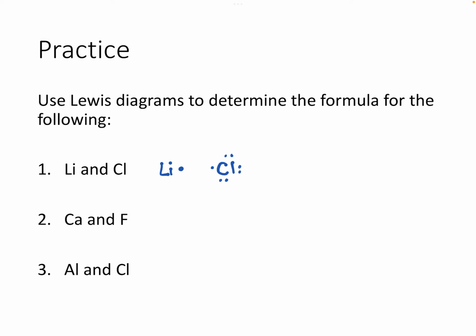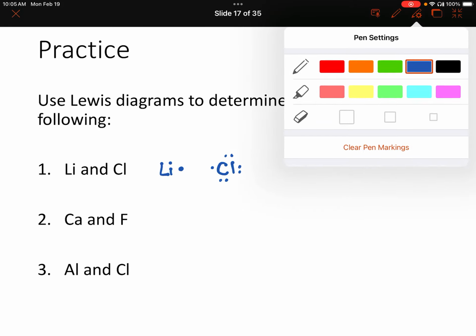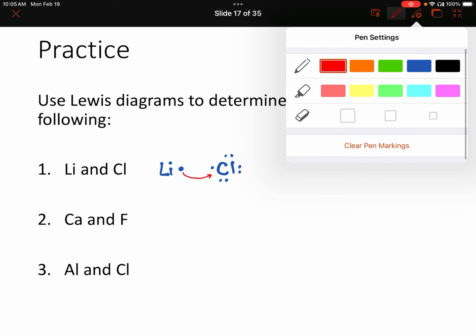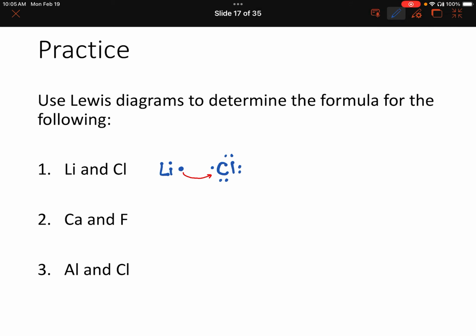And I purposely drew it so that the lone electrons are facing each other because that'll be easier to visualize. So lithium, it looks like, can give its 1 valence electron to chlorine. And then both of these atoms will be much happier because they'll both resemble noble gases and have an octet of valence electrons.